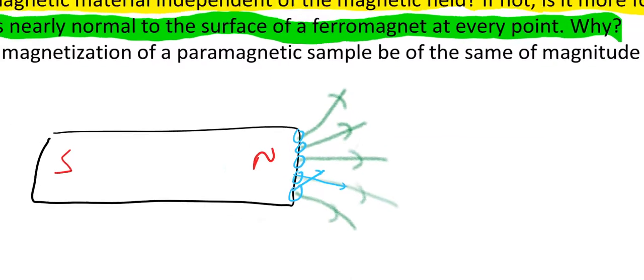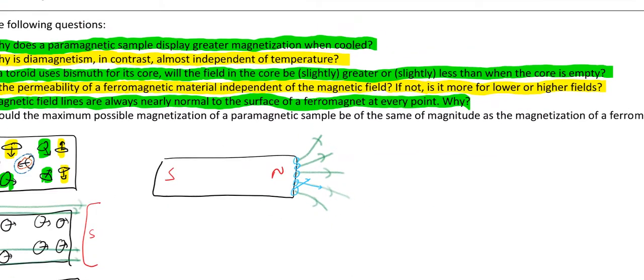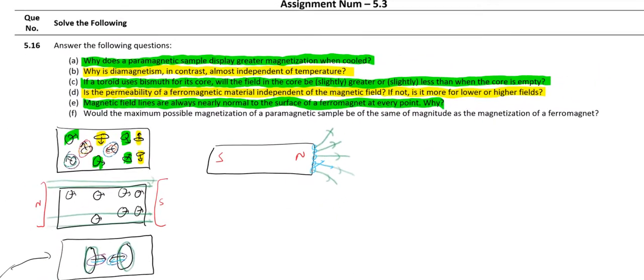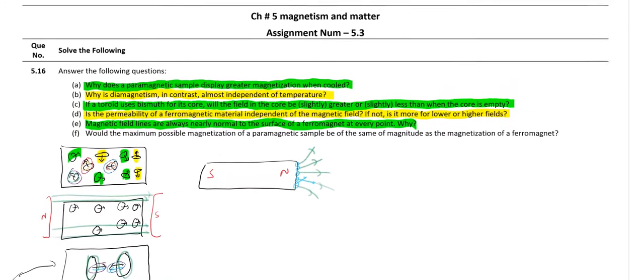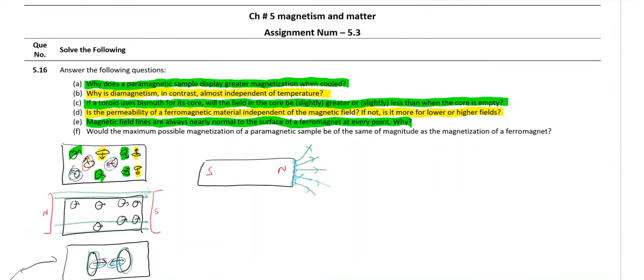If they are not, suppose I consider one field line going like this, then obviously these two will intersect, which is not possible. So as field lines don't intersect, the field lines always come out perpendicular to the surface.